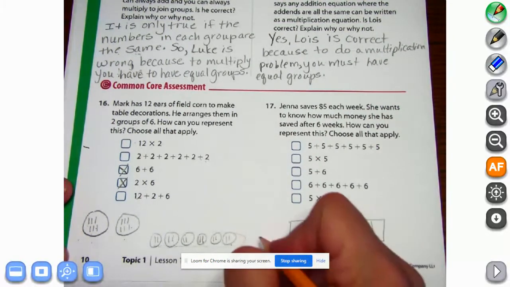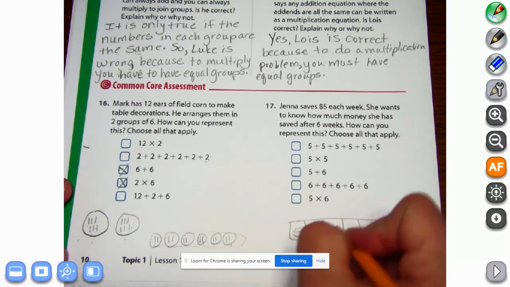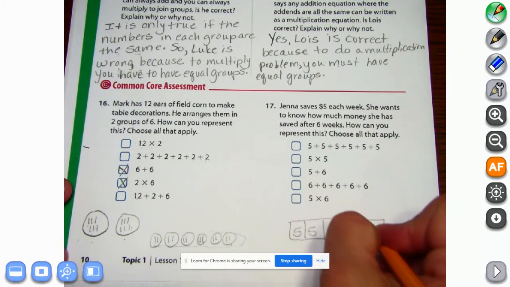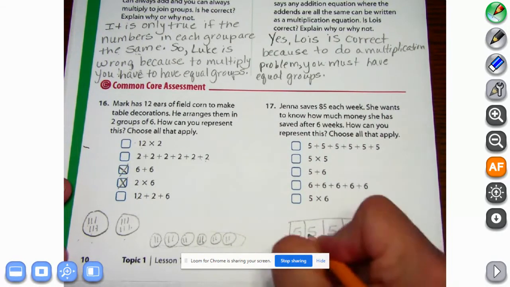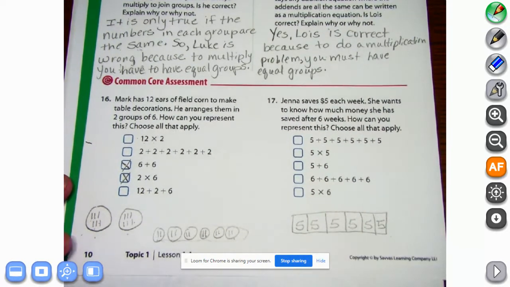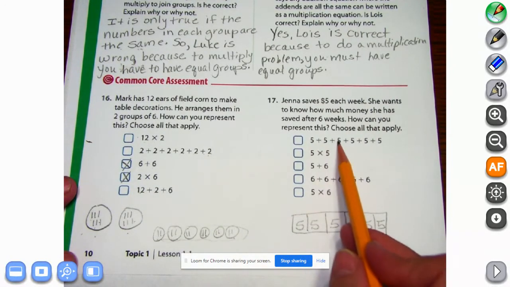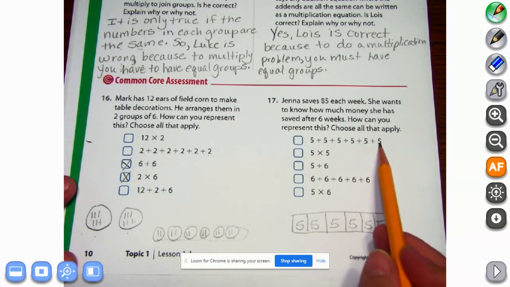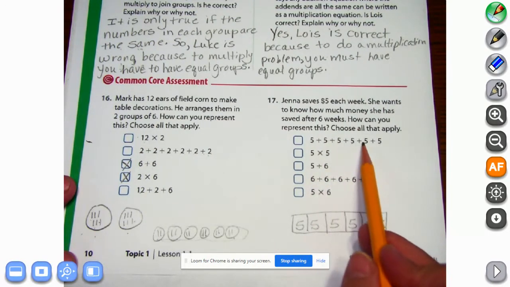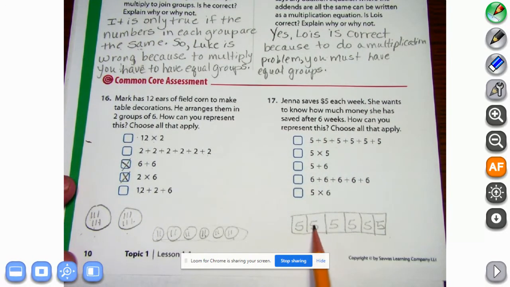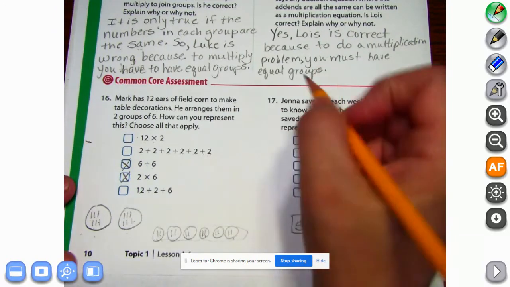And she makes $5 this week, $5 this week, 5 here, 5 here, 5 here, 5 here, because each week she gets the same money. Okay? So 5 plus 5 plus 5 plus 5 plus 5 plus 5. That's 1, 2, 3, 4, 5, 6. Let's look. 1, 2, 3, 4, 5, 6. We can do that one.